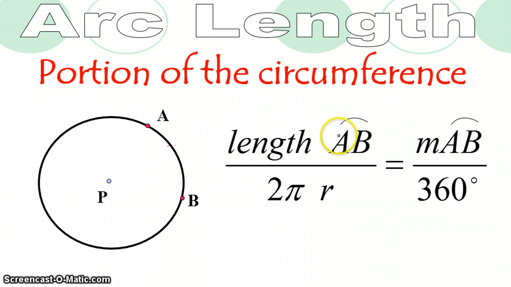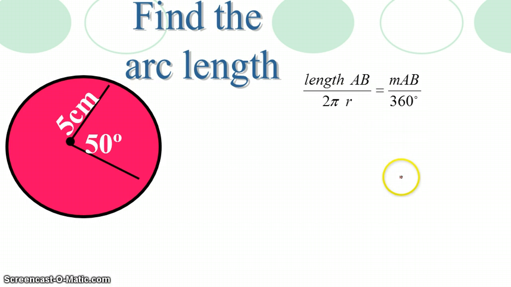The length of your arc over the circumference of the circle, and if you will remember the formula for circumference, will be equal to the measure of the arc, which would be its central measure, over the total measure of your circle of 360. So let's take a look.